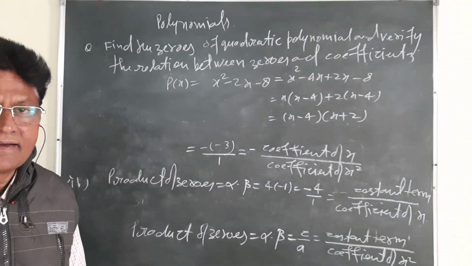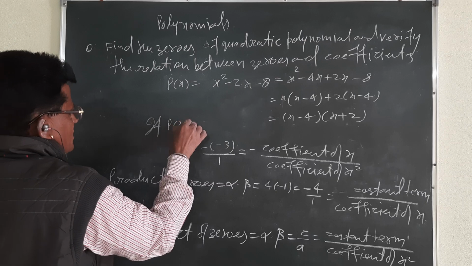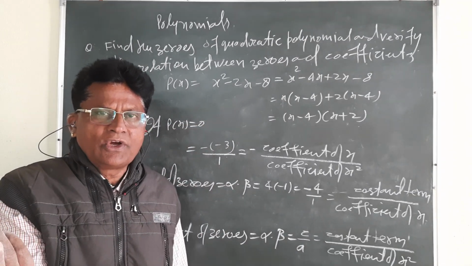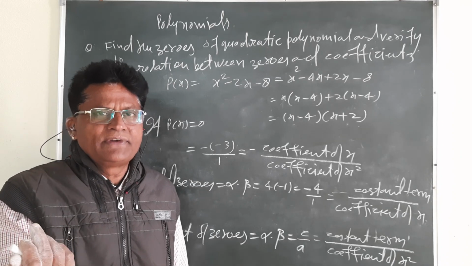Then what will be the zeros? I told you, if p(x) is equal to 0. Zeros means the value of the polynomial will be equal to 0 if you substitute in place of x, y, whatever variable will be given.